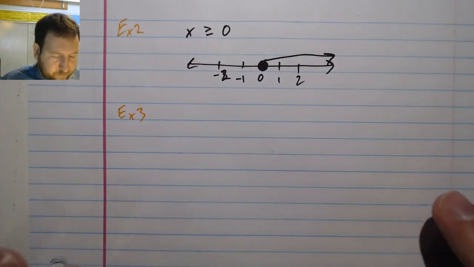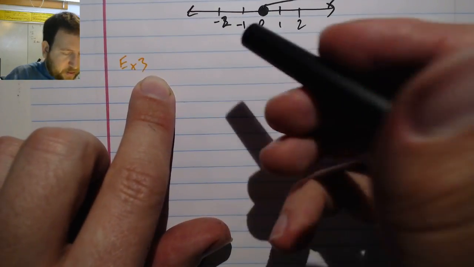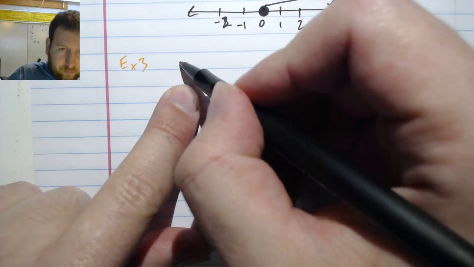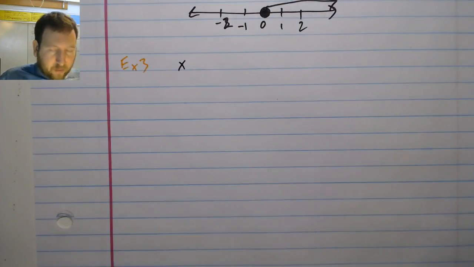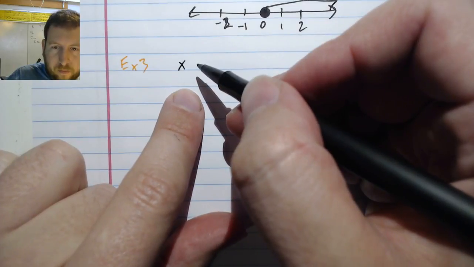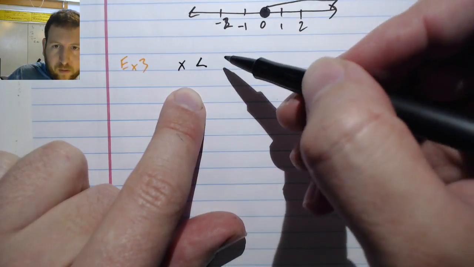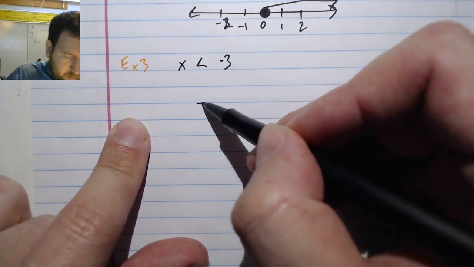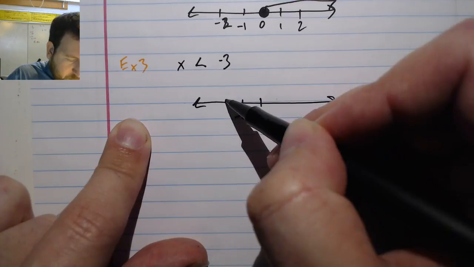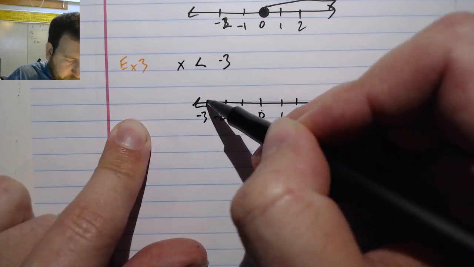Example 3. Let's take a look at this one. Oop, I do need my negative 3 on here.